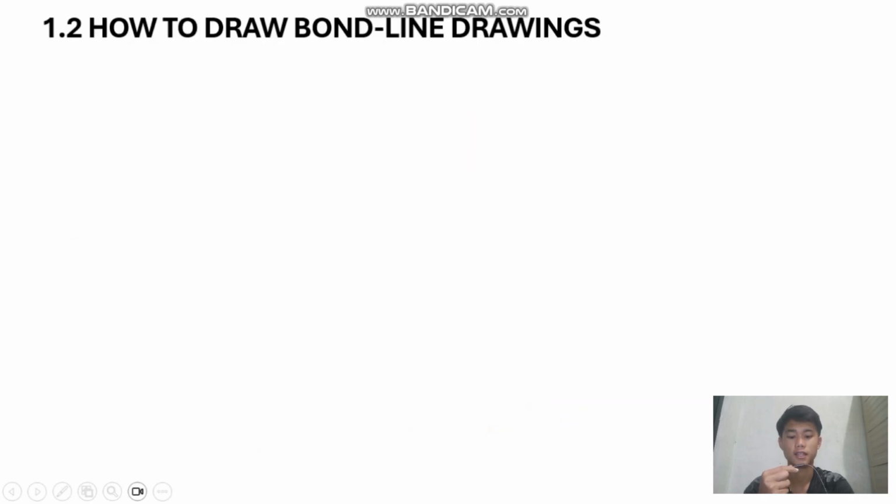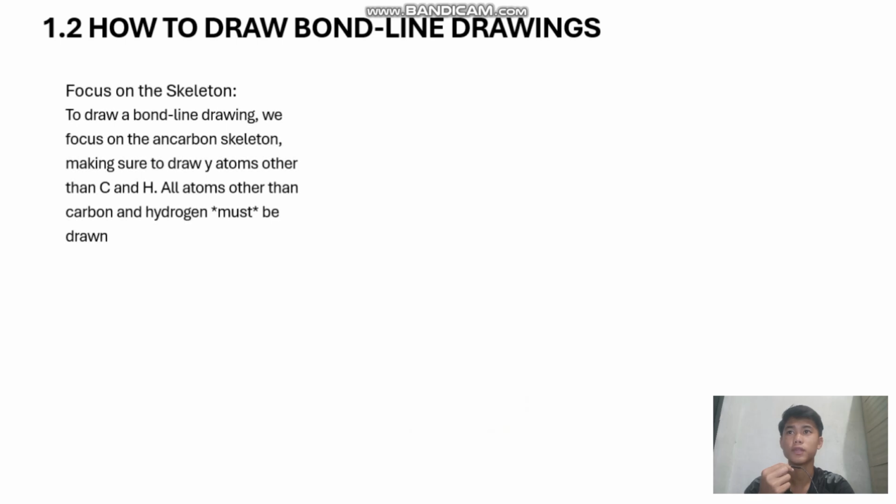Second, how to draw bond line drawings. First, we need to focus on the carbon skeleton. To draw a bond line drawing, we focus on the carbon skeleton, making sure to draw atoms other than carbon and hydrogen. All atoms other than carbon and hydrogen must be drawn.